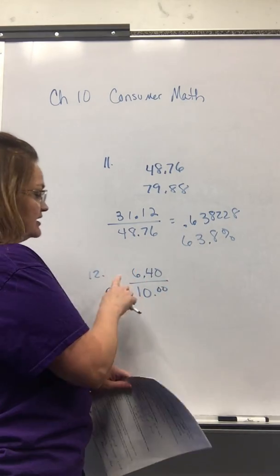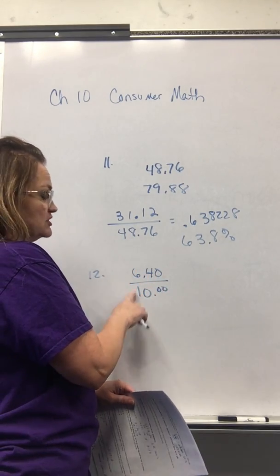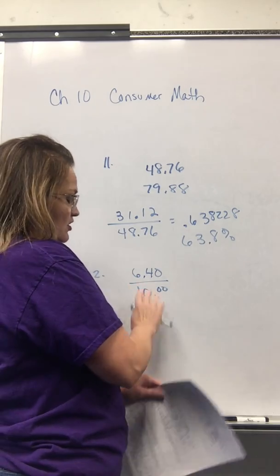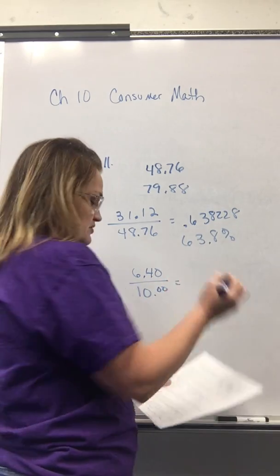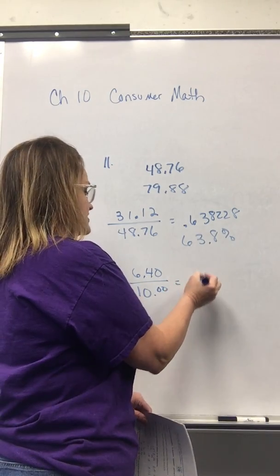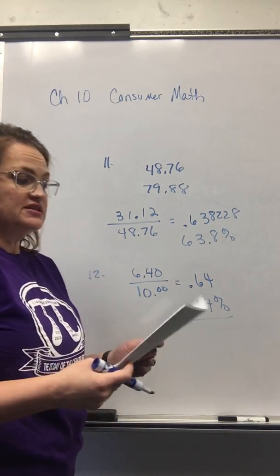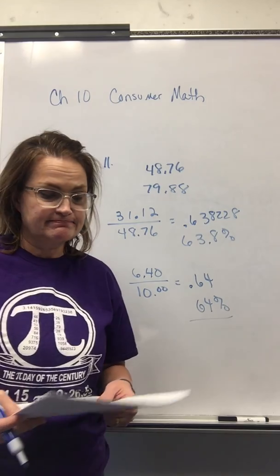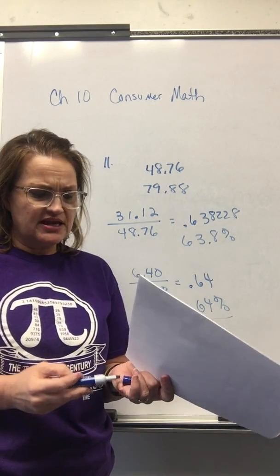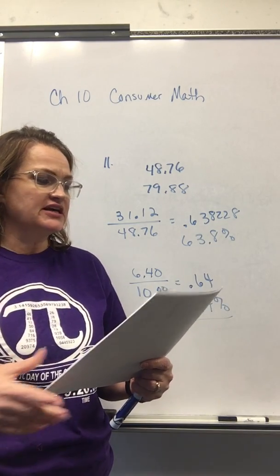So subtracting, and then divide by what it costs the merchant to purchase that item. When we do that division, it's 0.64, which would be 64%.